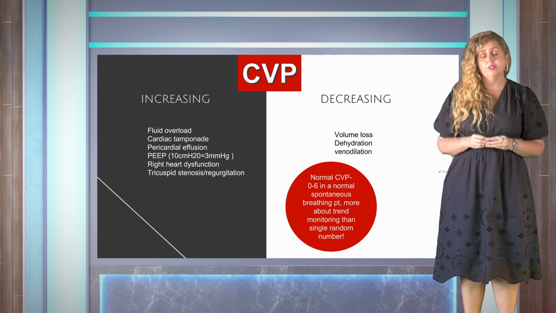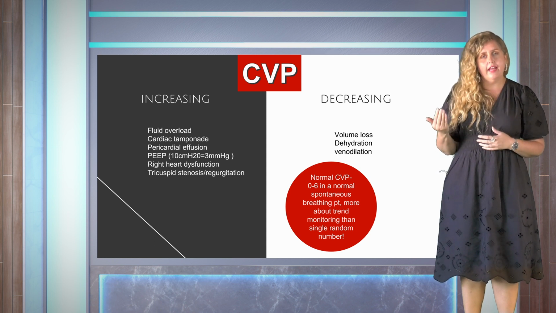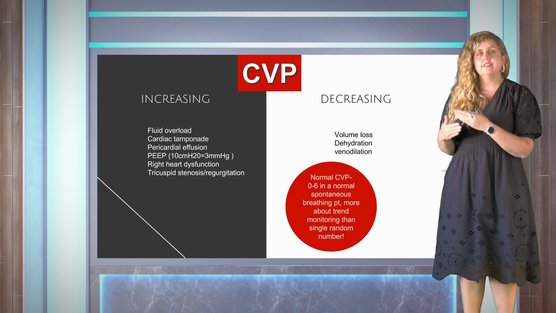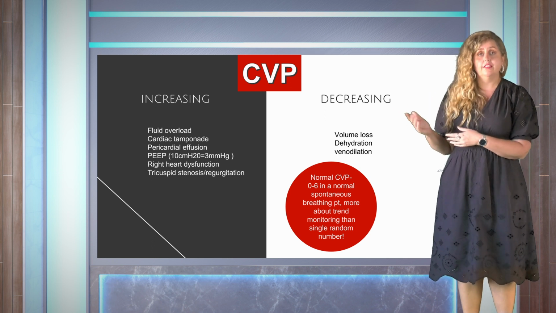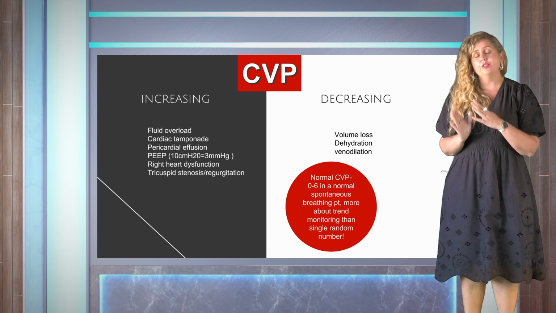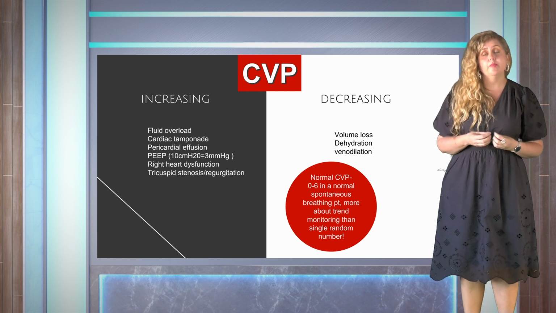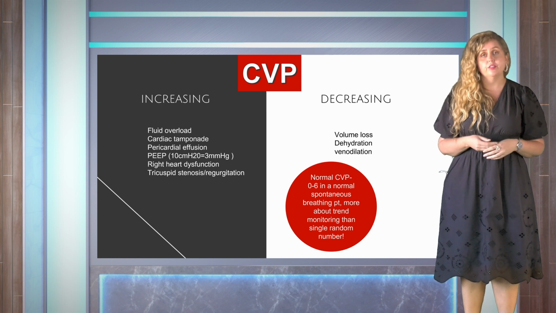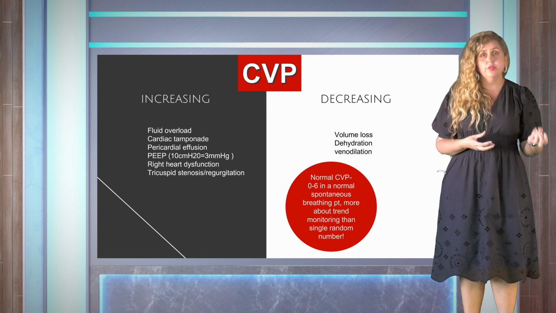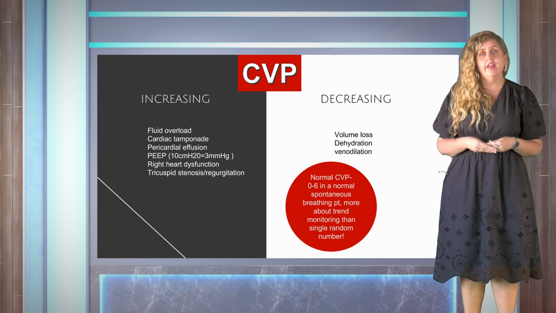So say you're monitoring your CVP and now it is about 8, next hour 8, next hour 9, next hour 11, next hour 13. You can definitely see an upward trend, and that should make you put your detective hat on and have a look: is your patient getting overloaded for whatever reason? Is it just a fluid imbalance or is the right ventricle failing?